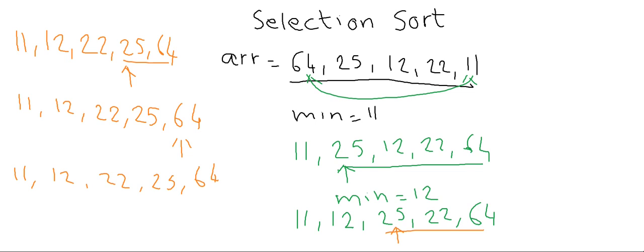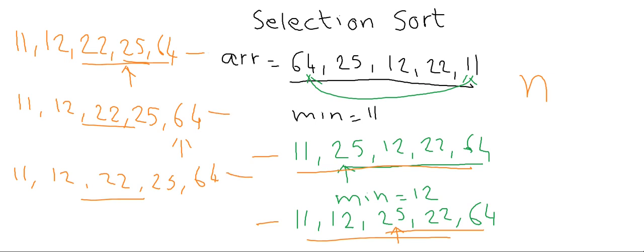So here we are iterating. How many iterations are we doing? We are iterating through all the elements how many times? 1, 2, 3, 4, 5. So it's the number of elements, so we are iterating n times. This is our first iteration, second, third, fourth, fifth.